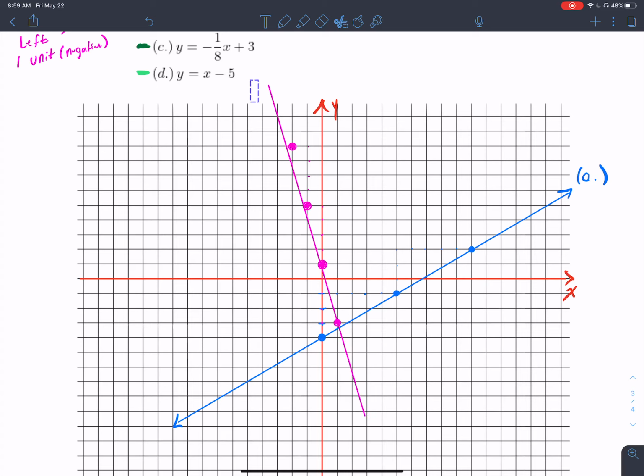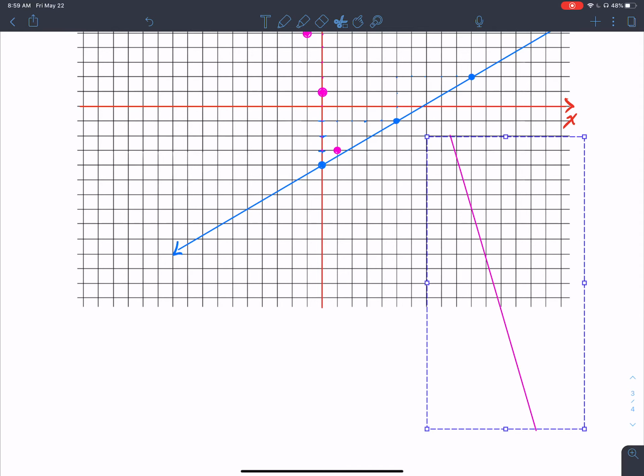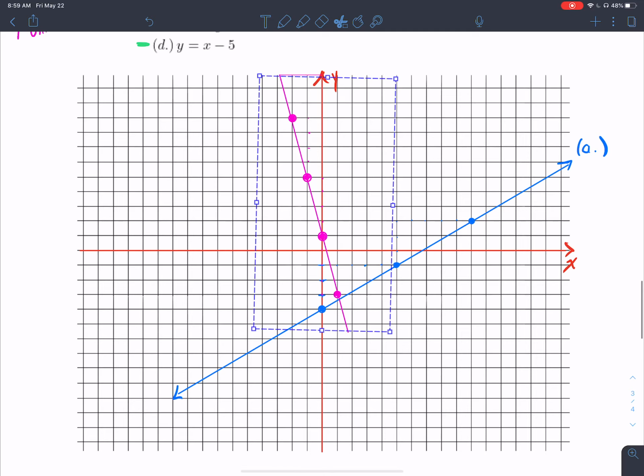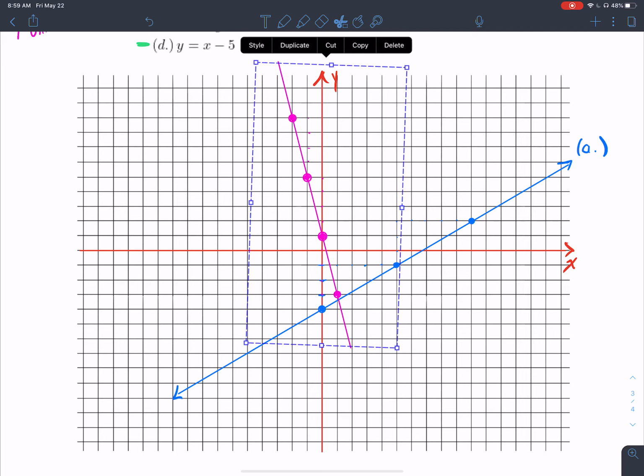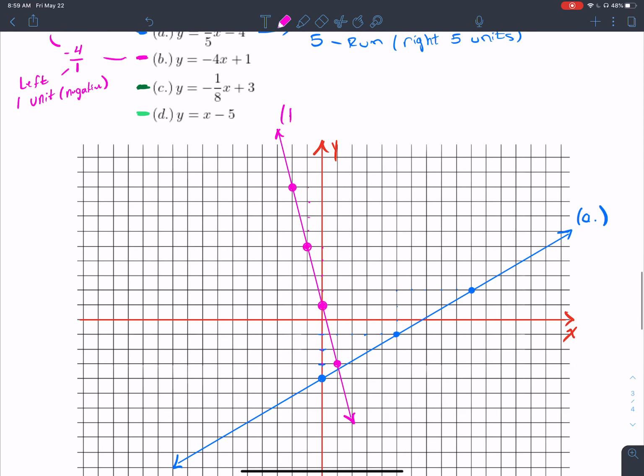So let's see if I can just adjust. Sorry, bear with me. There we go. That's better. And this is B. Okay, great. We're about halfway through now.